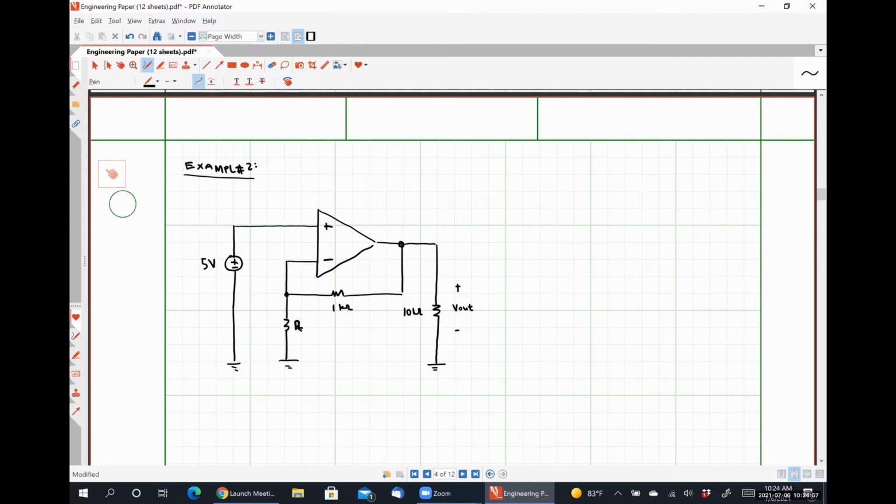All right, so our goal here is to determine the value of the resistor R such that the power absorbed by our 10 kilo ohm resistor is equal to 150 milliwatts.